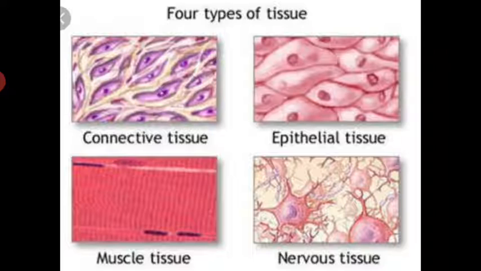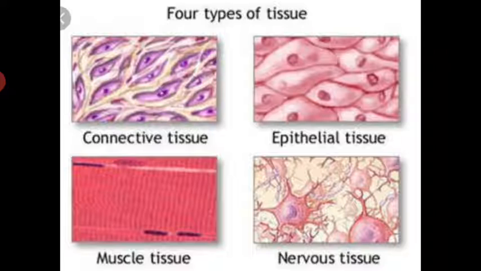We have different types of organs inside our body, and the inner linings of the organs are made up of epithelial tissues. For example, the outer layer of the skin, the inner lining of the mouth, and organs such as the esophagus, stomach, intestine, and lungs. In these organs, epithelial tissues are present.